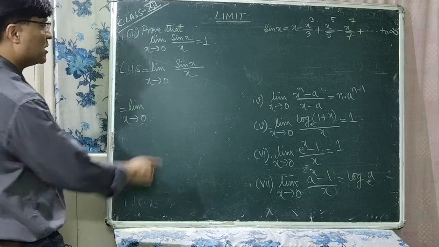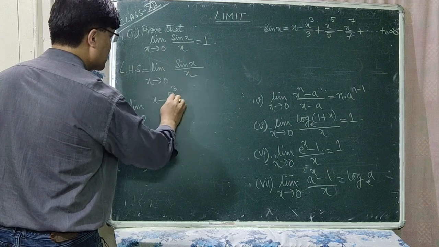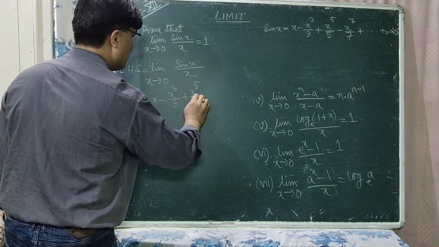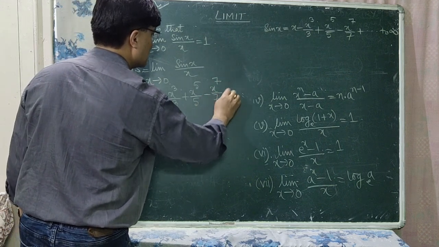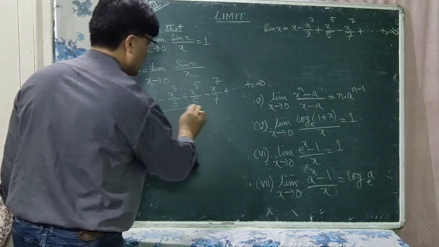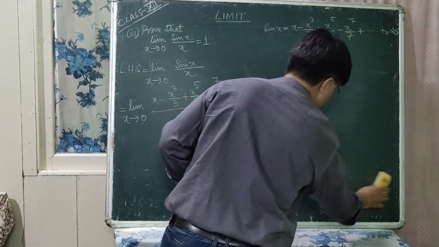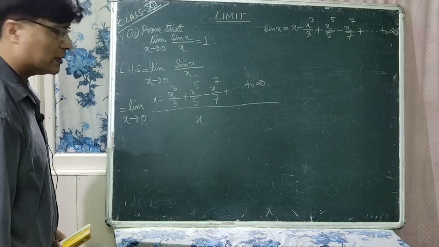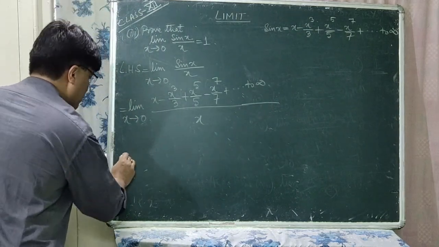What is the sine x series here? It is x minus x cubed by 3 plus x to the power 5 by 5 minus x to the power 7 by 7 plus dot dot dot, it goes up to infinity, divided by x. So what is common in the numerator? The common factor is x, right?